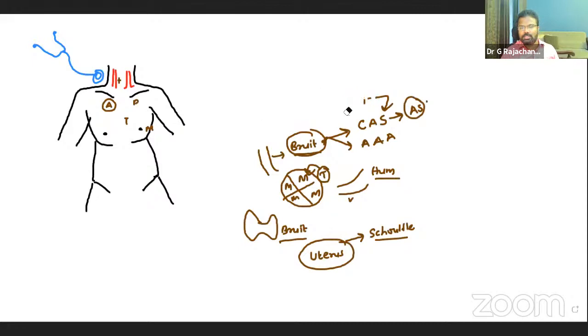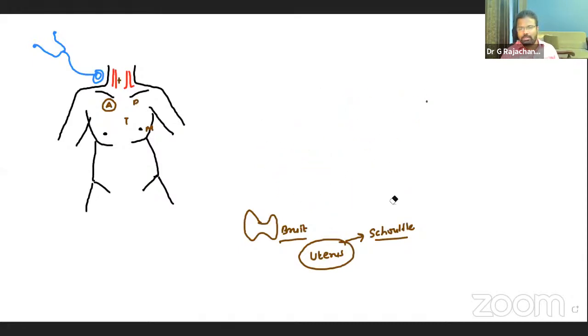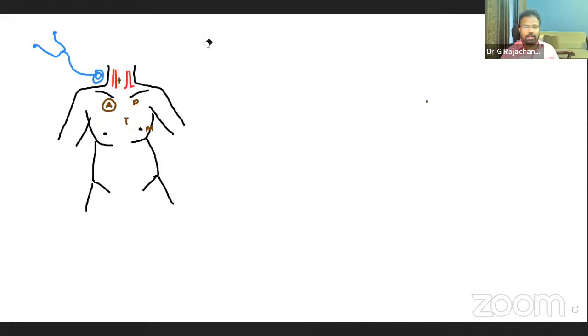Now you need to listen over the left axilla. Why do we need to listen over the left axilla? That is because some other murmur may be radiating to this place. From the mitral area, one murmur can radiate to the axilla.